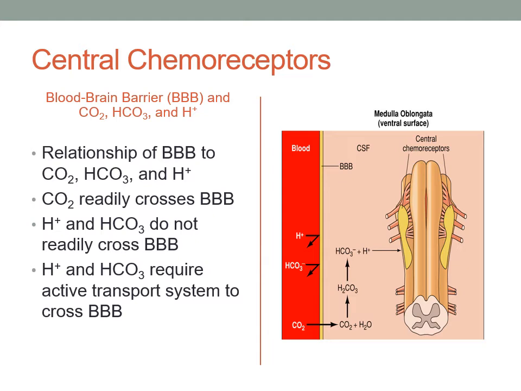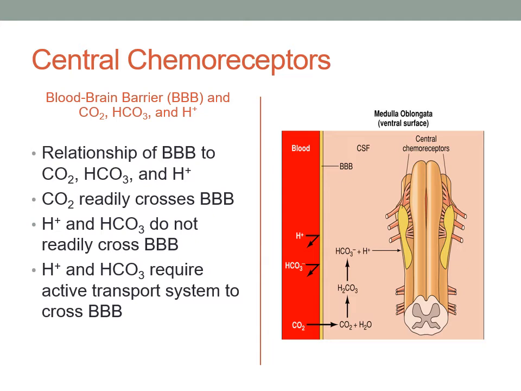The blood-brain barrier is super permeable. It means that CO2 can cross easily, but is relatively impermeable to hydrogen ions and bicarb ions. So it lets in CO2, but tends to keep out hydrogen ion and bicarb.